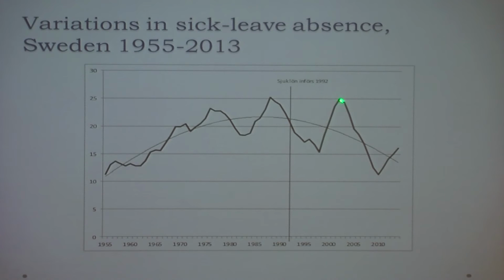Now, the problem with this economic explanation is that these violent swings, the peaks here, have nothing to do with changes in the regulatory framework. Nothing happened here in 2002.